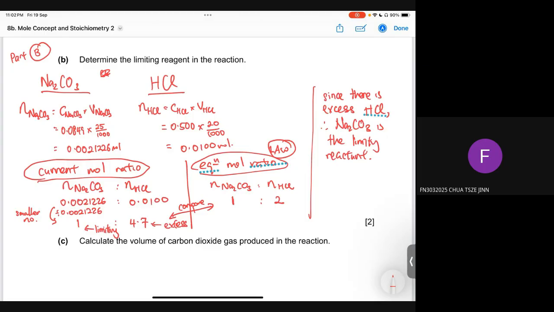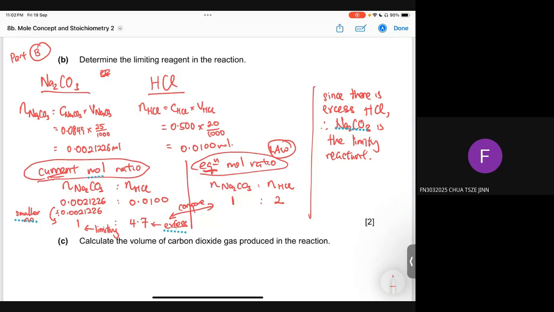So you can see here, it is by logic. When you compare the current situation, which is the current mole ratio, to the law, which is the equation mole ratio, you will realize that in the current situation, there's excess HCl. Therefore, Na2CO3 must be the limiting reactant. Okay? Any questions so far?